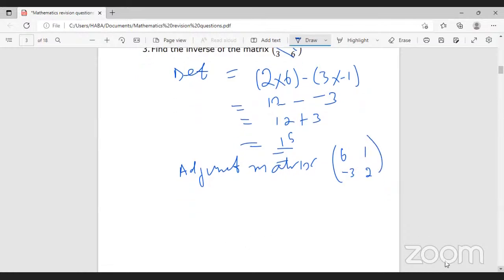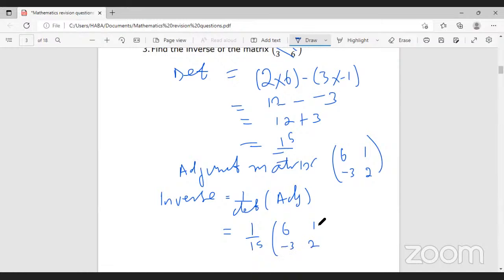And from there, our inverse will be 1 over determinant multiplied by the adjoint matrix. So this would be 1 divided by 15 into 6, 1, negative 3, and 2. And this would be the inverse of our matrix.